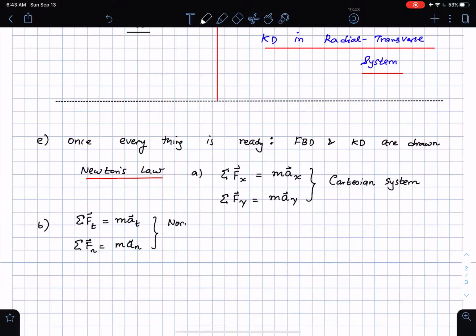This is the normal tangential system. And then you'd have the polar coordinates as well. So the sum of all the forces in the radial direction is mass times acceleration in the radial direction. The sum of all the forces in the transverse direction is mass times the acceleration vector in the transverse direction. This is in polar coordinates.